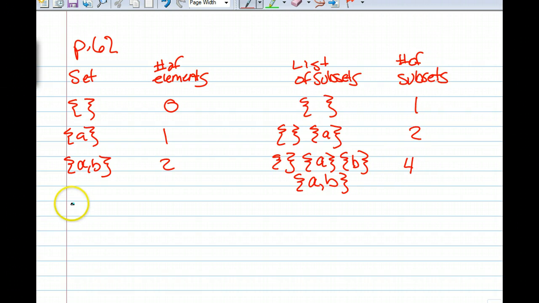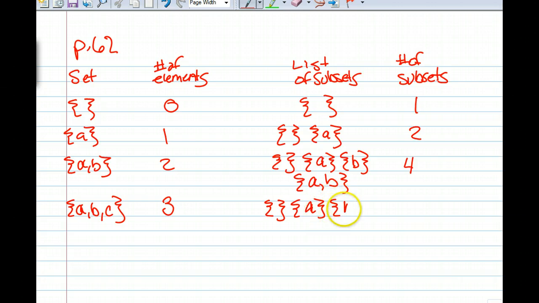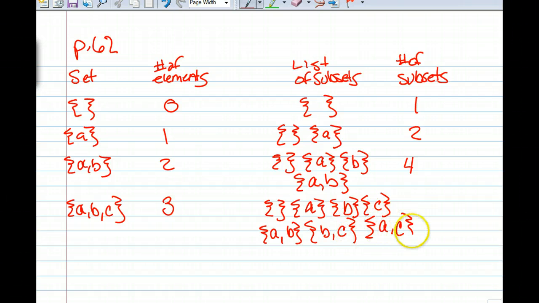4. Next one is A, B, and C. How many elements do I have? Yep, you're right. Yeah, we're going to 8. So this is 3 elements. We have an empty set, an A, a B, a C, A B, B C, A C, and then last but not least, A B C. So that's 8.